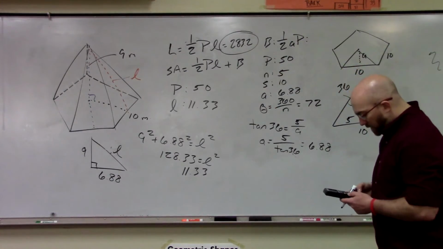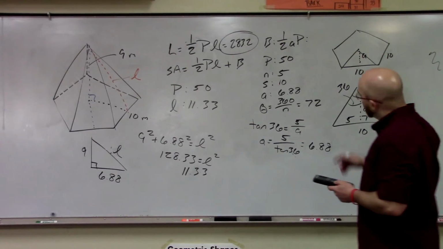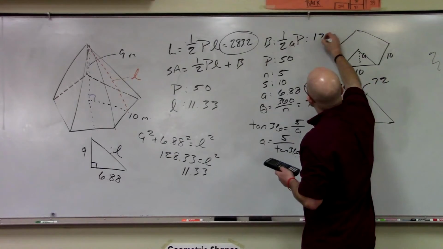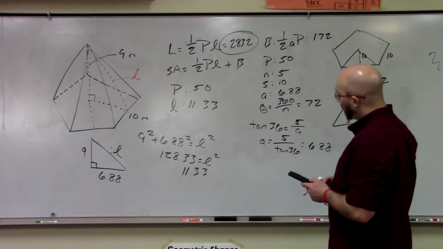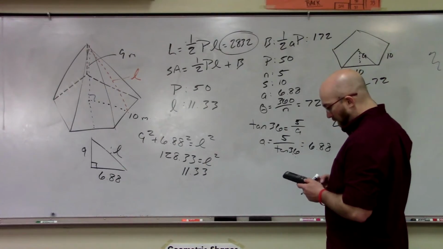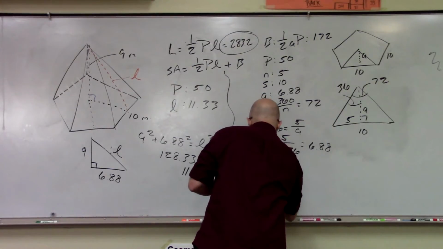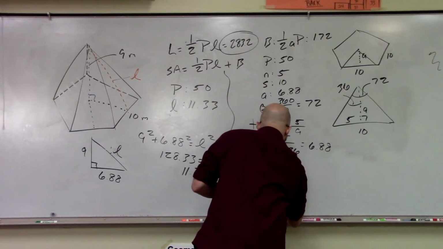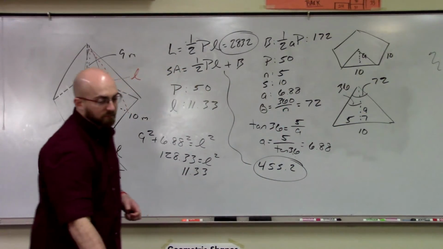So 6.88 times 50, divided by 2 is 172. So if we add them together, this answer equals that. A lot of work.